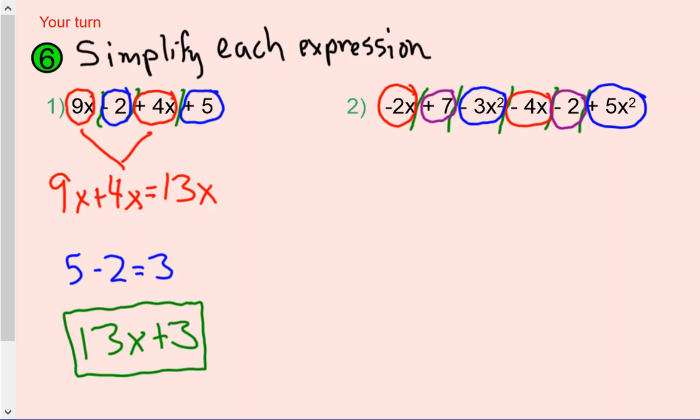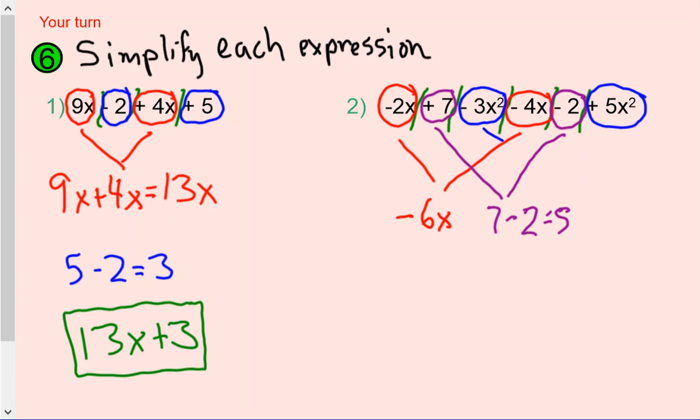Okay, so now we have all of our terms grouped by color, and now we need to do the math to combine. We'll start with negative 2x minus 4x. Both of these are negative, so we can just add them and keep that negative sign, and 2x plus 4x is 6x, so it's going to be a negative 6x. And then we have 7 minus 2, which is 5.